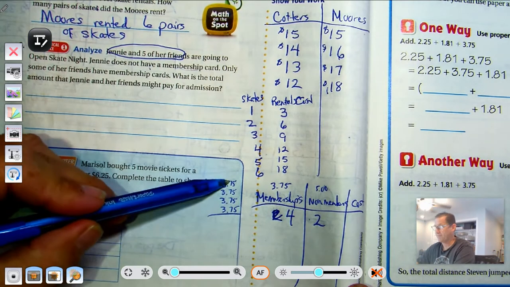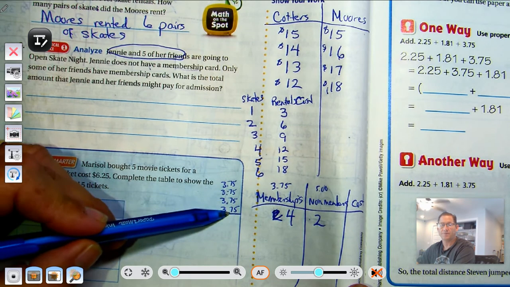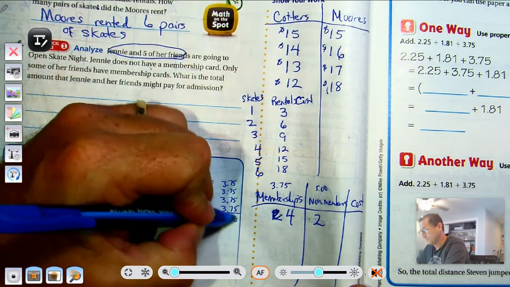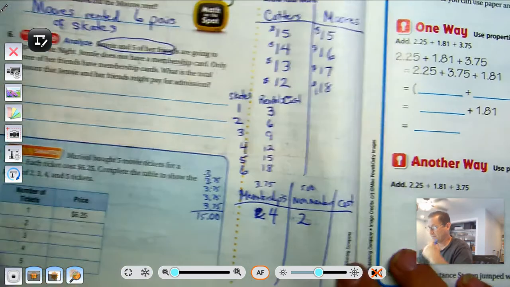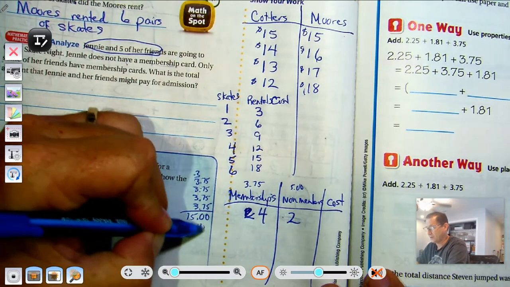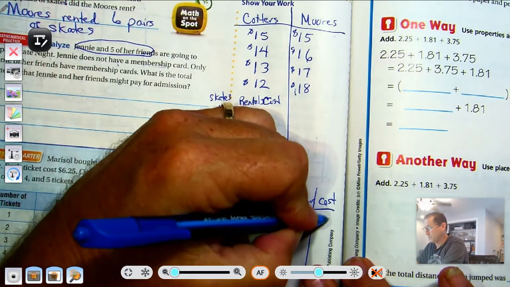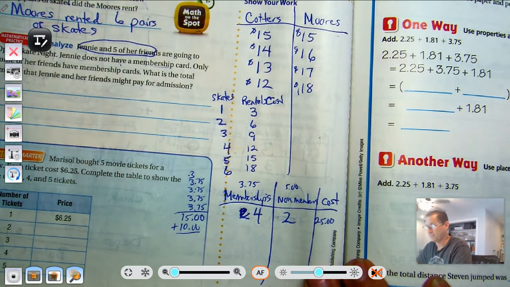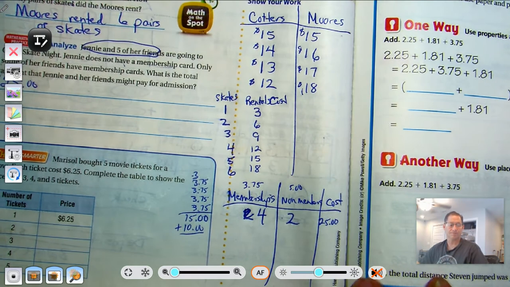Well, we know 75 and 75 is $1.50, and another $1.50 would be $3. So 3, 6, 9, 12, $15 plus the $10 for the 2 non-members. So it could cost them $25.